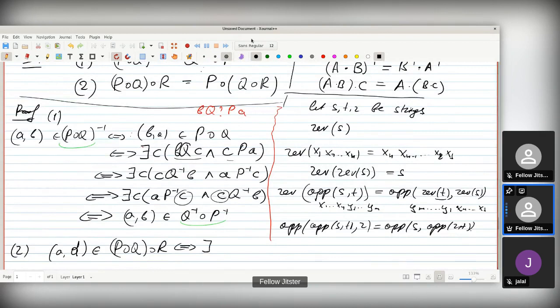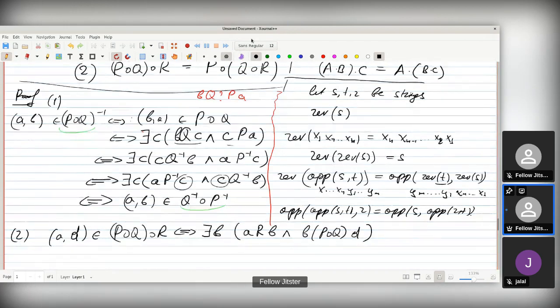That means that there exists some intermediate point B such that A R B, and B this composition D. Do you agree?